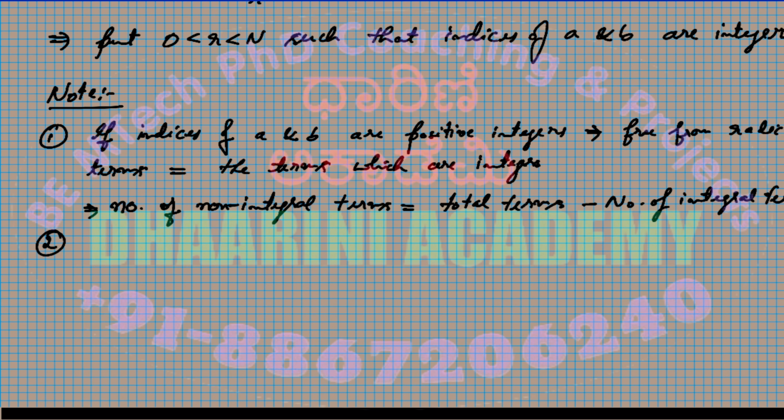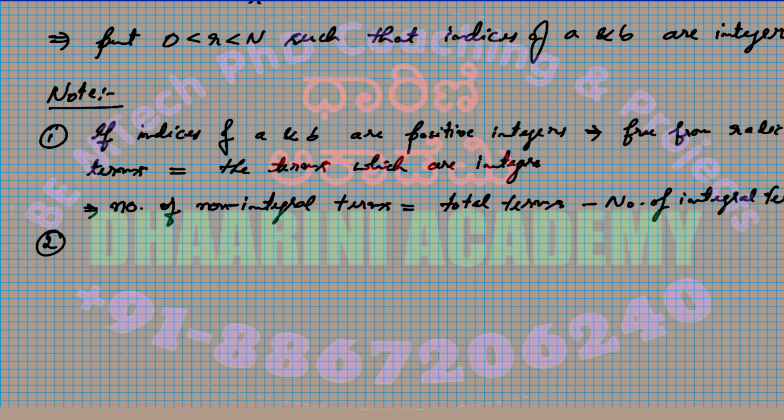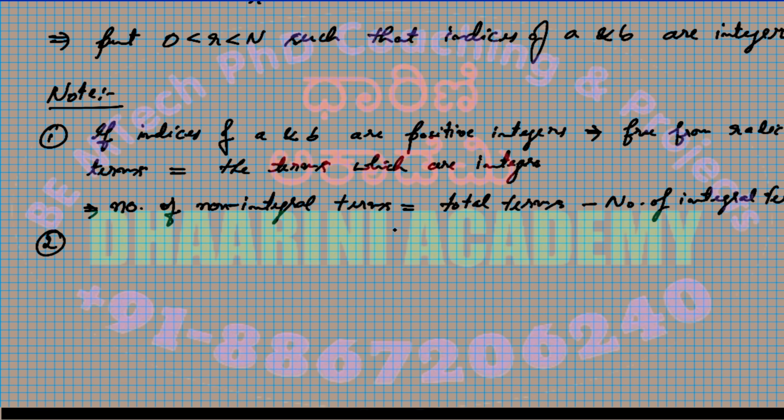Let's find, if let us say that the indices of a and b both are not positive integers. In that case, free from radical terms becomes equal to rational terms minus integral terms, because both a and b are not positive integers. So let's write that point.